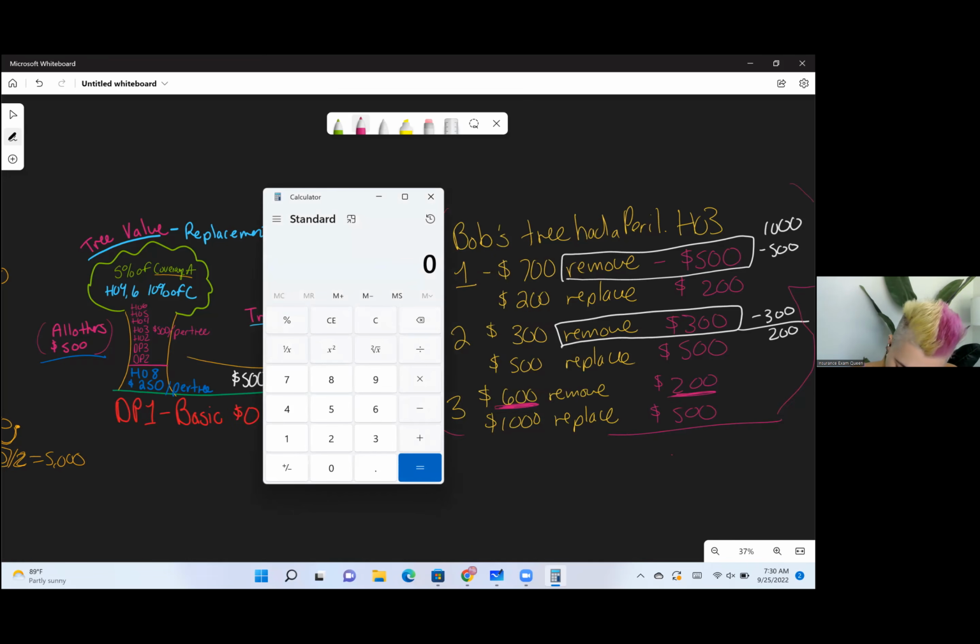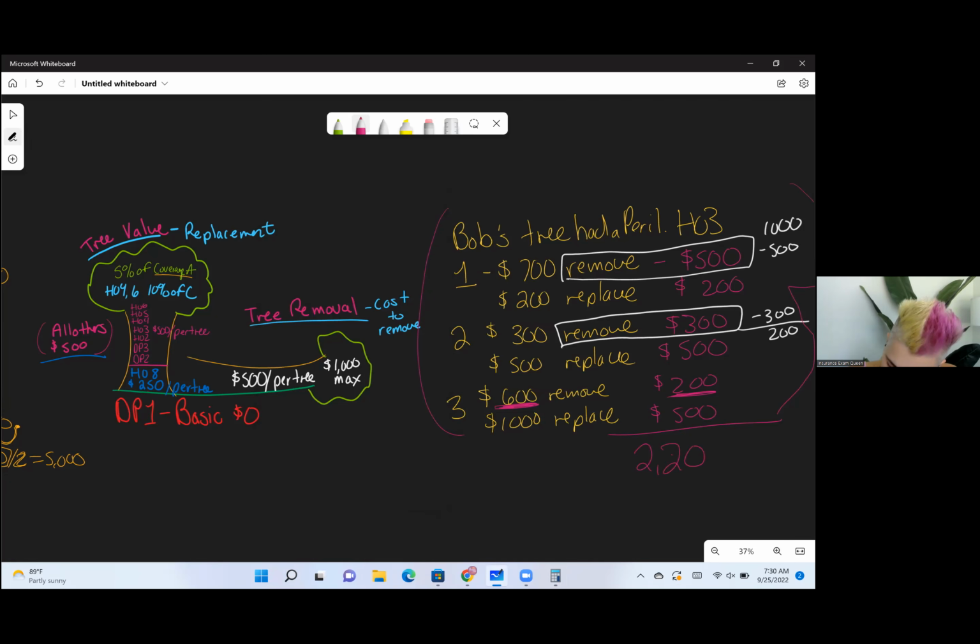So I'm going to just double check. 500 to remove plus 200 to replace, plus 300 to remove plus 500 to replace, plus 200 to remove plus 500 to replace is, yeah, 2,200. I got it. And then the question will say, how much did the insurance pay in total? And that's where this word problem will come in.